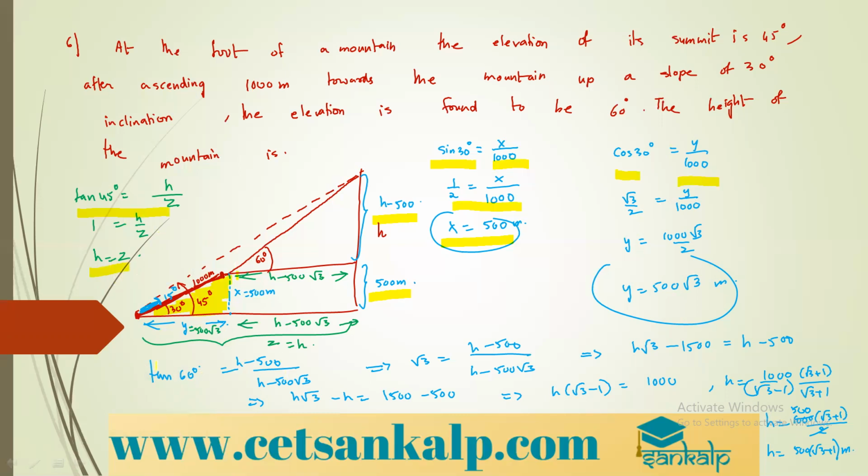Coming to tan 60 degrees, it will be h minus 500 by h minus 500 root 3. So tan 60 degrees is root 3. So h root 3 minus 500 into 3, 1500 equal to h minus 500.